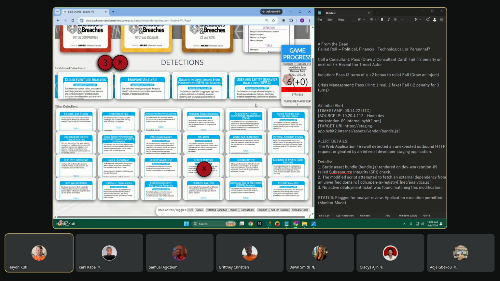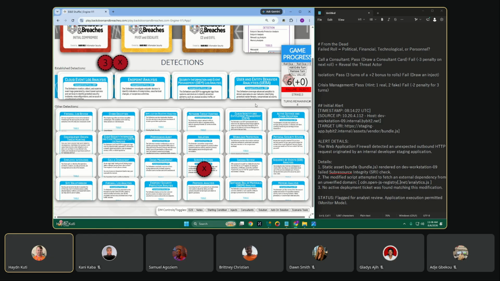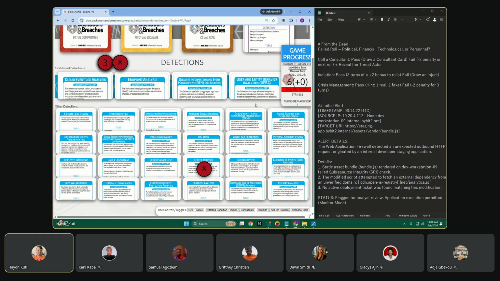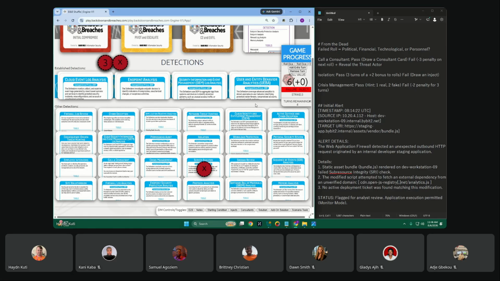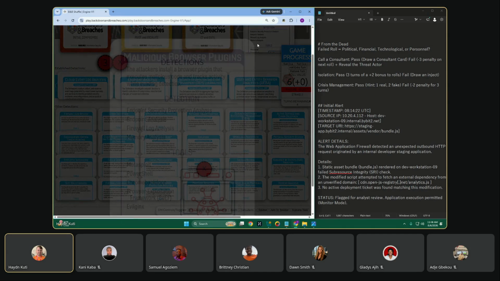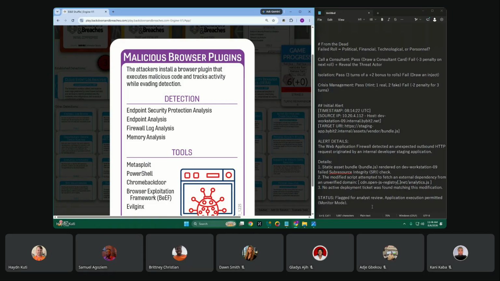Think like Monopoly, where you draw a chance card and it could be move to the nearest railroad, or go to jail. It could be good or bad. You got one that revealed malicious browser plugins as the persistence mechanism. The attackers install a browser plugin that executes malicious code and tracks activity while evading detection.